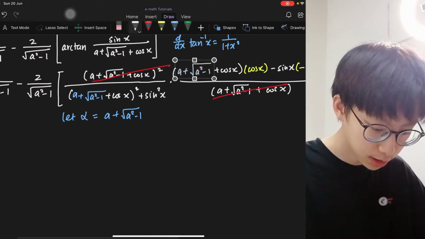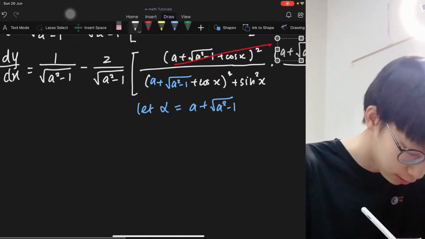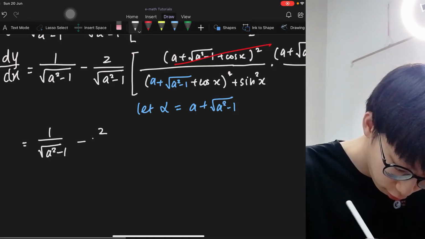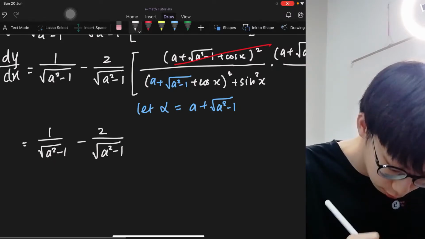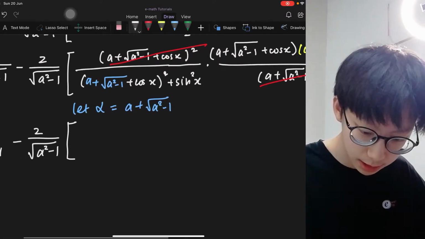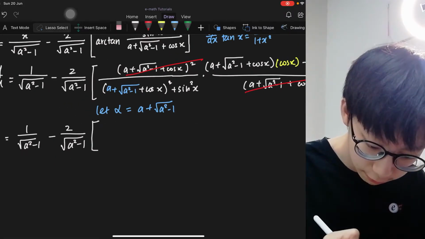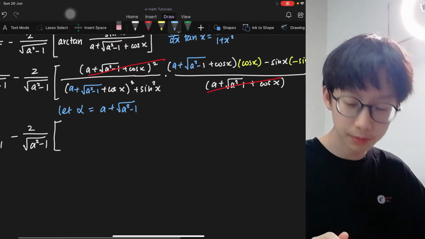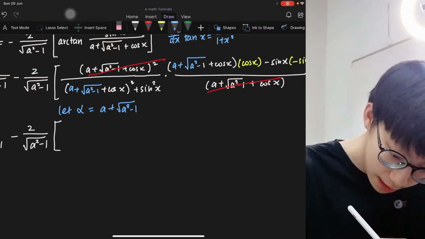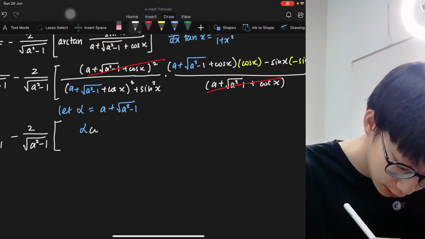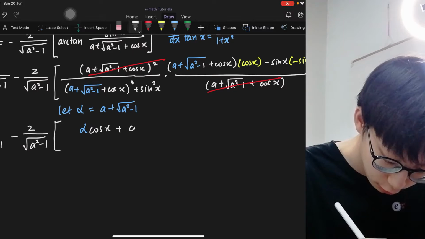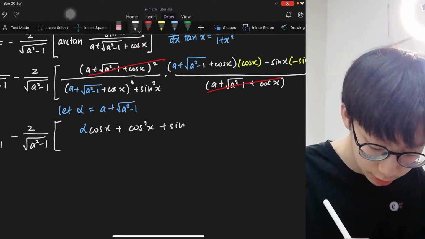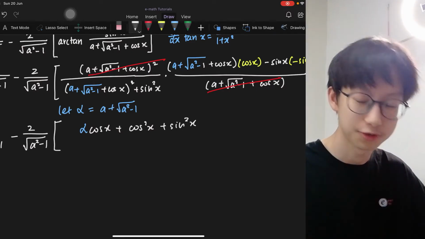So let me copy all the stuff in front first. A squared minus 1 minus 2 over square root of a squared minus 1 times, this is alpha. So you distribute the cos x, so you have alpha cos x plus cos square x, plus sine square x. Just now was cos square x, sorry.